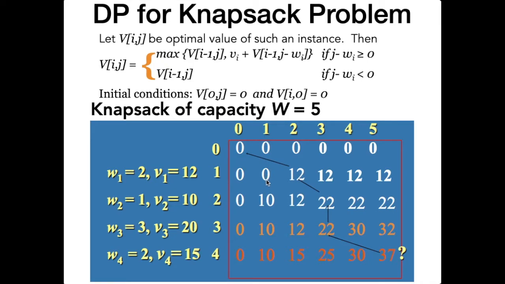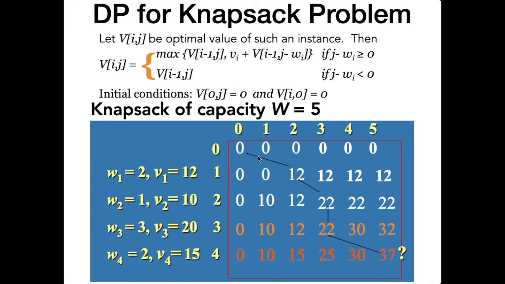That's why 0. Okay, so if we increase the capacity to 2, again we ask, does item 1 fit or not? Since the weight of item number 1 is 2, okay, it fits now. So, it goes to this condition. Since it fits now, we want to evaluate this expression. Okay, so, max between this, V(i-1,j), 0, or V sub i, 12, plus this one.